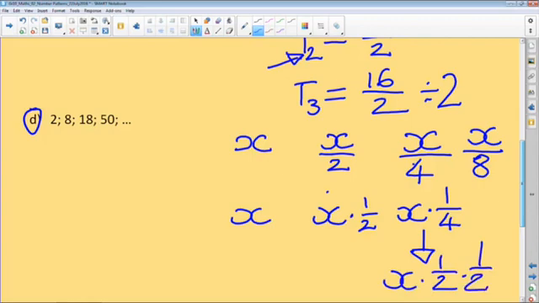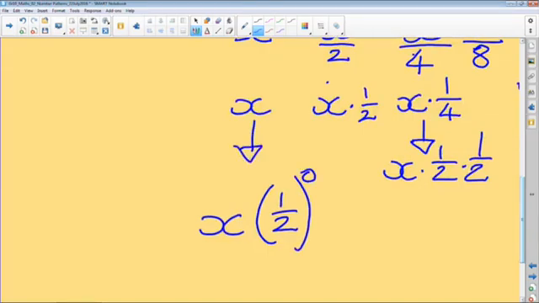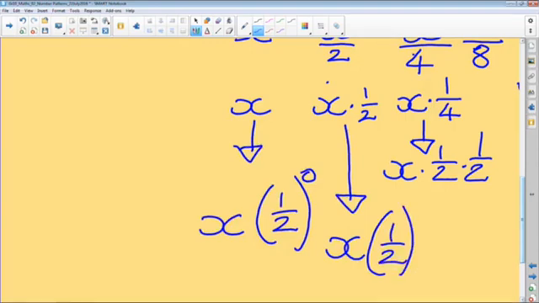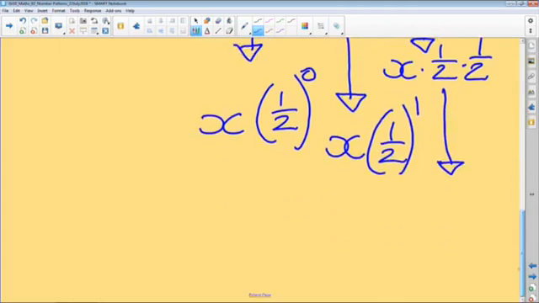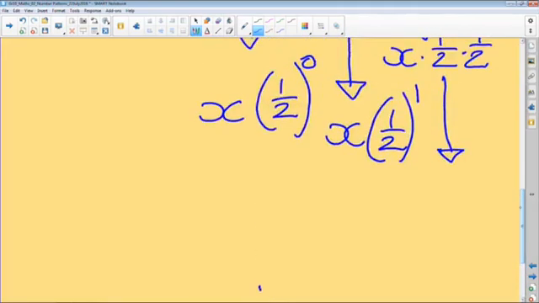So where I'm going with this is what we actually have is x times a half to the power of 0 for our first term. And for our second term, we have x times a half to the power of 1. And for our third term, and let's extend the page a little, we have x times a half to the power of 2.